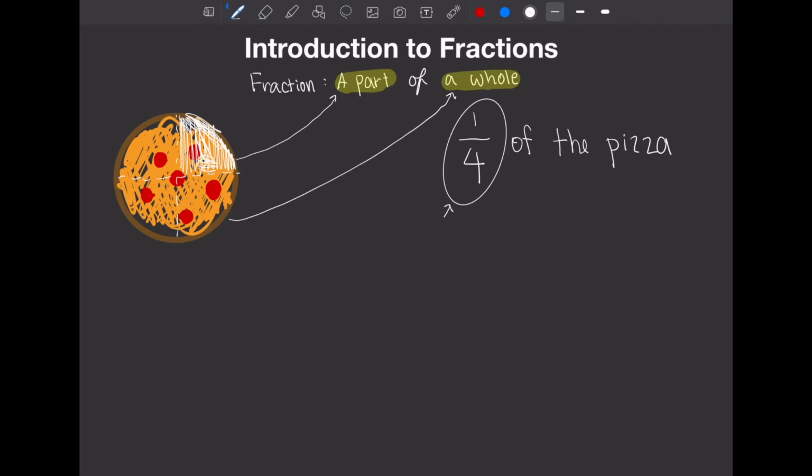So a fraction typically has two numbers. There's a number on the top of this little stick, and there's a number on the bottom of the stick. So the number on the bottom, which is 4 in this case, is called a denominator.